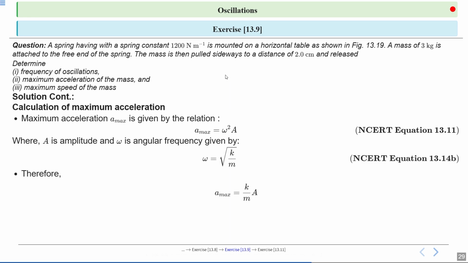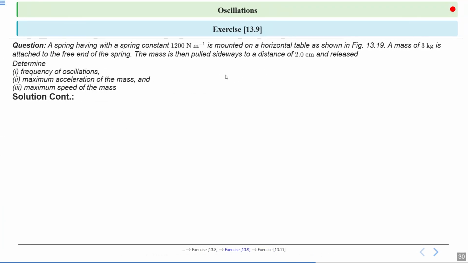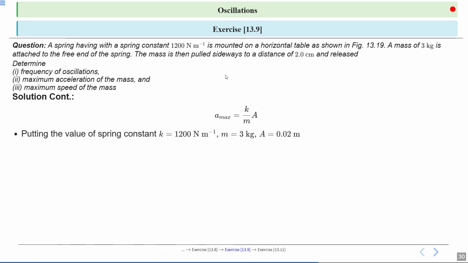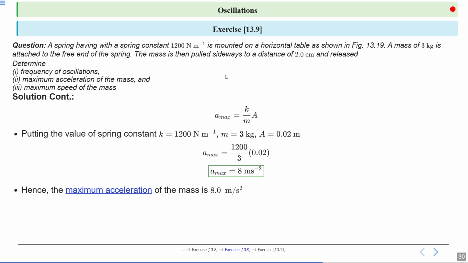So therefore, A max is equal to k by m into A. So putting the value of the spring constant k and mass and A, you will get A max is equal to 1200 divided by 3 into 0.02. So A max is equal to 8 meter per second square. So the maximum acceleration of the mass is 8 meter per second square.